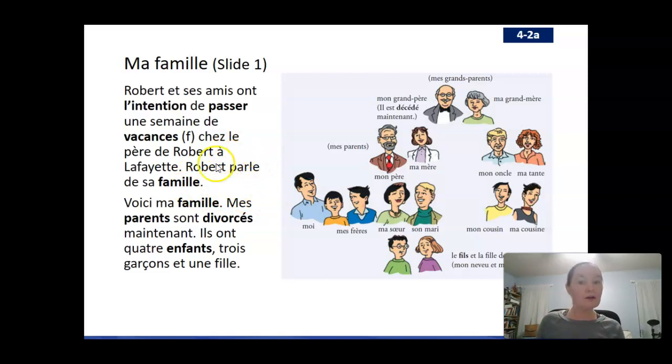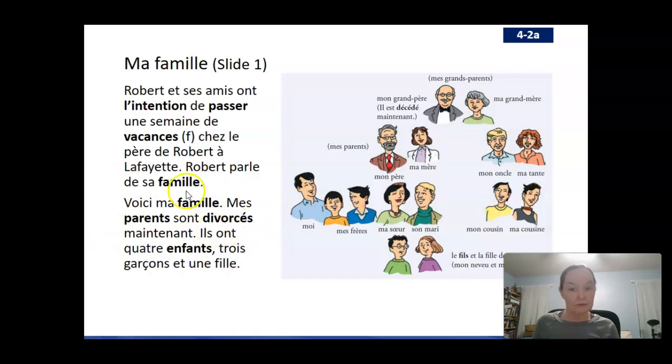Remember the verb parler, another very important one that you might have learned in French 101 or in your high school French classes. So parler, of course, means to speak or to talk, and that's what Robert is doing about his family. Okay, other words that might look familiar: famille, parents, divorcé, enfant.